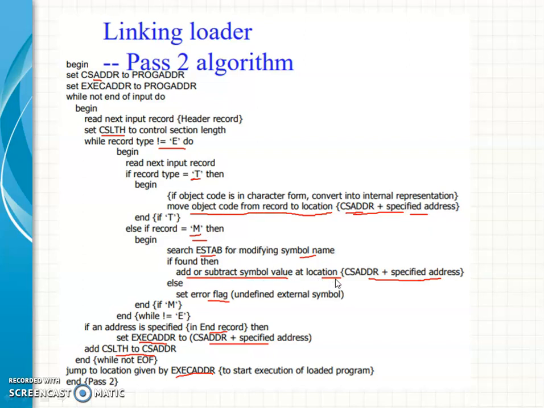That location you get from the table, and the operation to be performed is CSADDR plus the specified address. CSADDR is the program address, plus the specified address, which is the address given in the object code. You need to add or subtract the value given in the modification record, or the modification record label, to the corresponding object code.